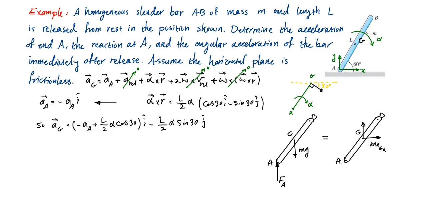I call this one MA gy. And I also have a moment: moment of inertia around center of gravity times alpha. And that's pretty much it.